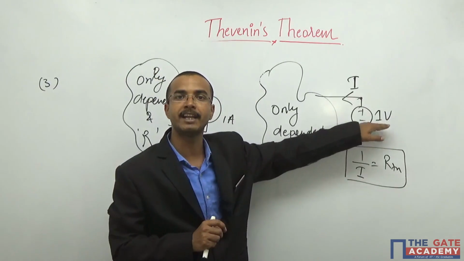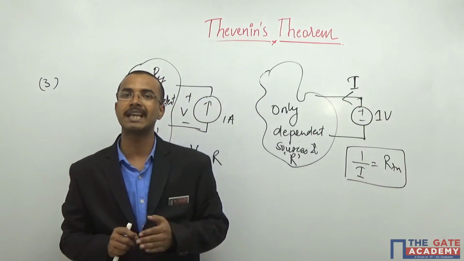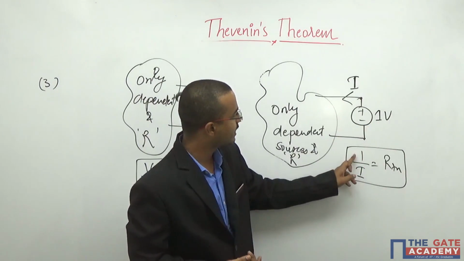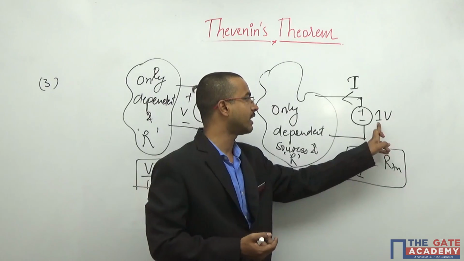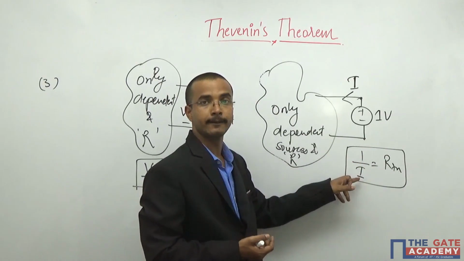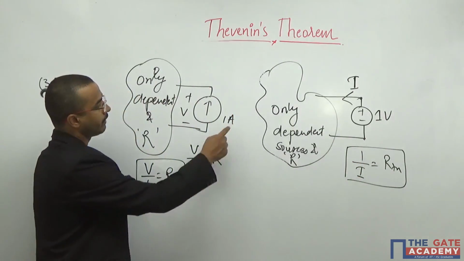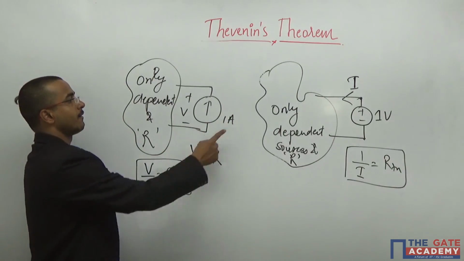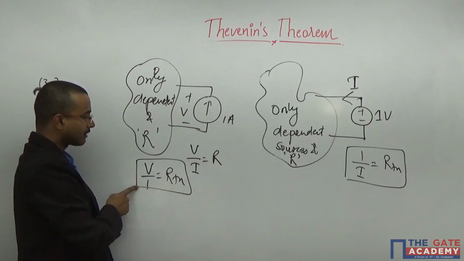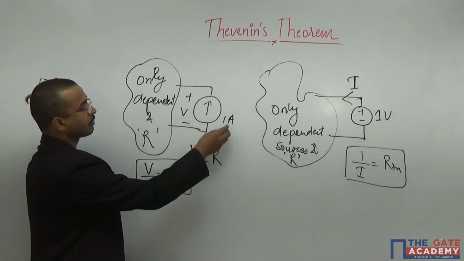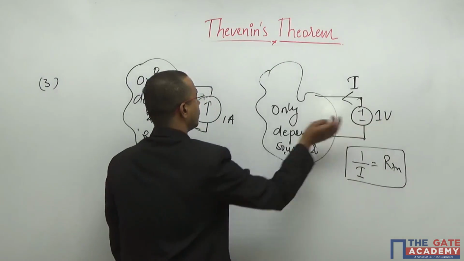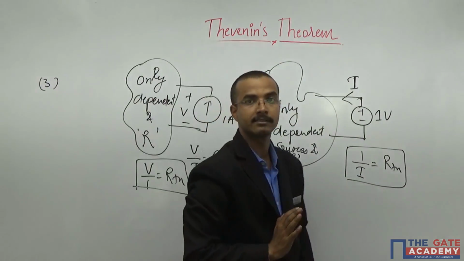That is why it is my independent variable and I can choose any value. If you take 2, then the ratio will be 2 by I. If you take V, the ratio will be V by I. Similarly here, if you take a 2 ampere current source, the value will be V by 2. If you take 3, V by 3. That means you have to divide or multiply the numbers only with the value of the independent variable.